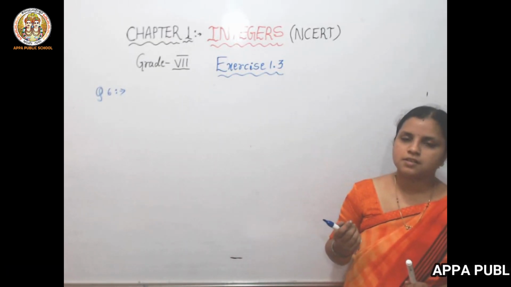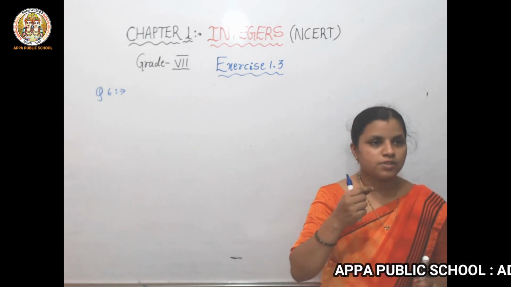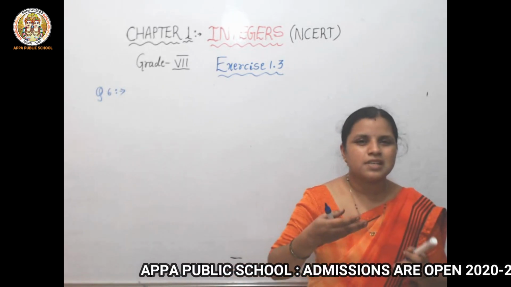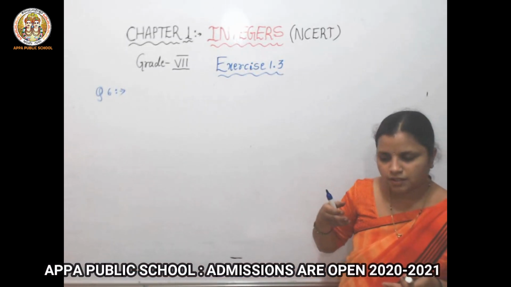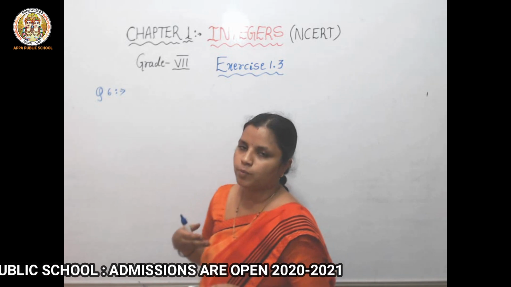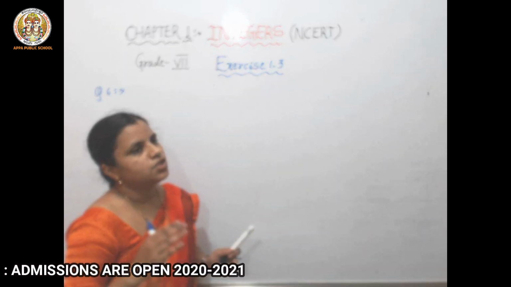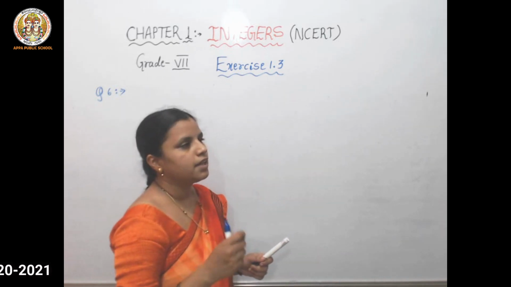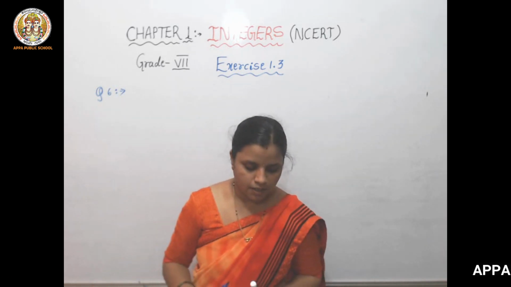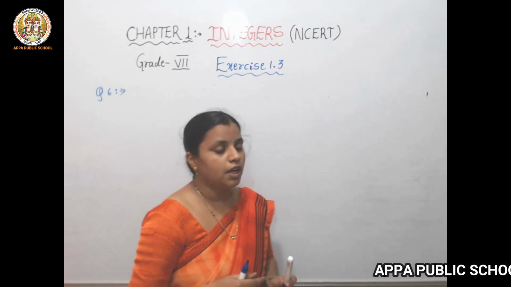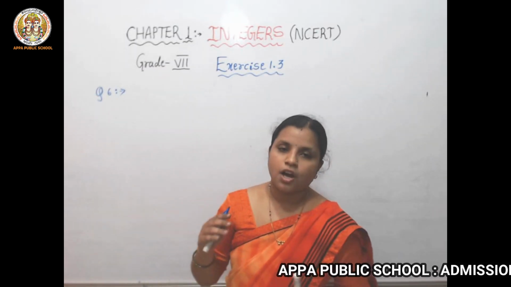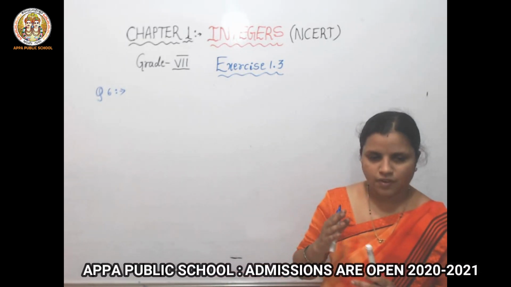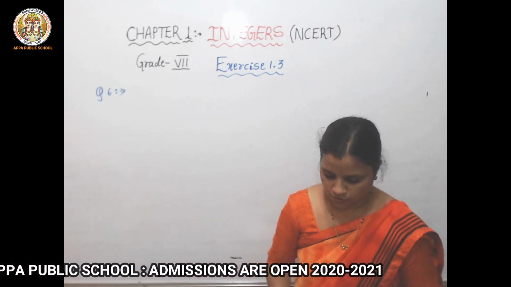Because the question says a certain freezing process, and freezing we do in a negative temperature only. So even though it is given as positive, we will take it as -5 degrees Celsius. Then we have to calculate the change in temperature after 10 hours, and after that the final temperature.